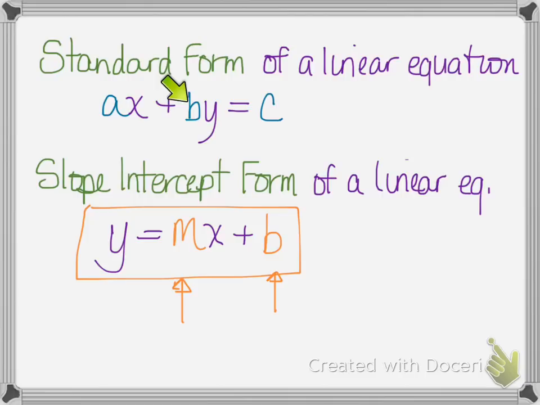This b is not the y-intercept. It's only when you have it in slope-intercept form that the number after the mx term is the y-intercept. But remember, you can take an equation in this form and algebraically transform it by solving for y, getting y on one side and everything else over here. We've done lots of that.